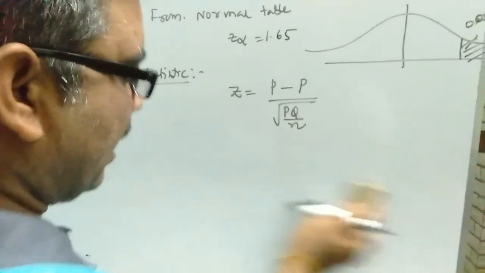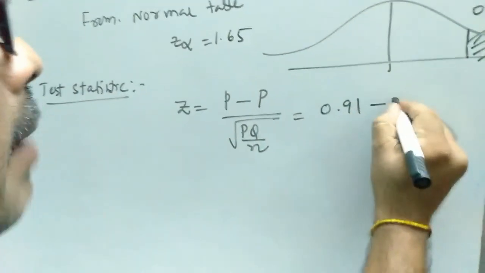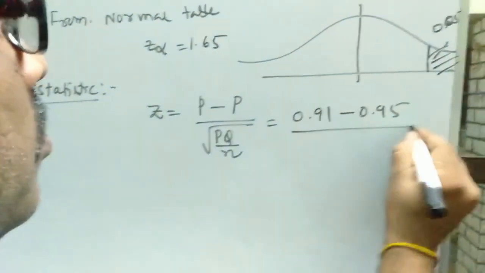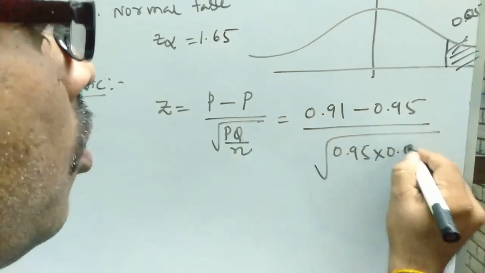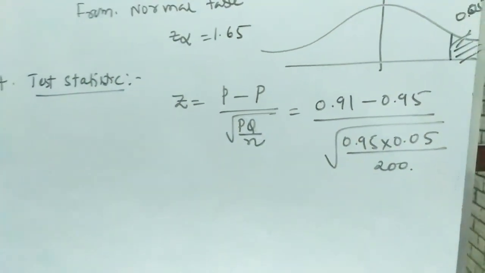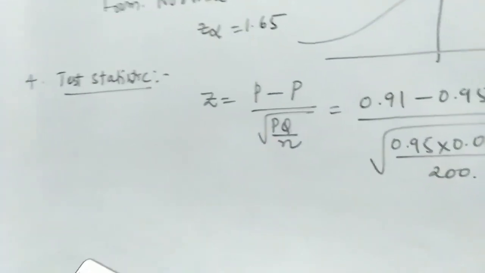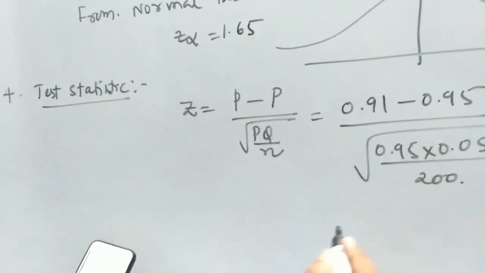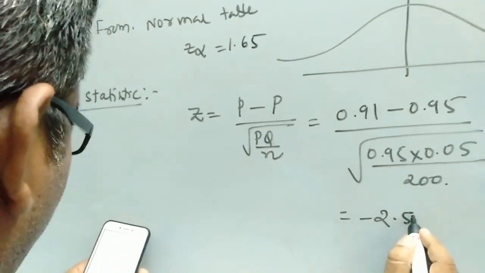So small p is 0.91, capital P is 0.95, by square root of 0.95 into q, that is 0.05, by the total number of items in the sample, that is 200, and this value is minus 2.59.